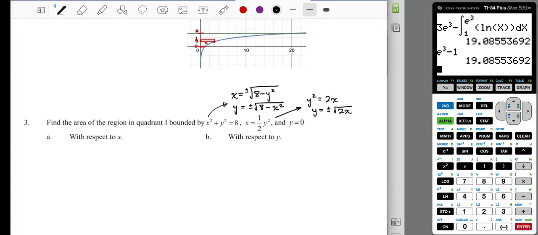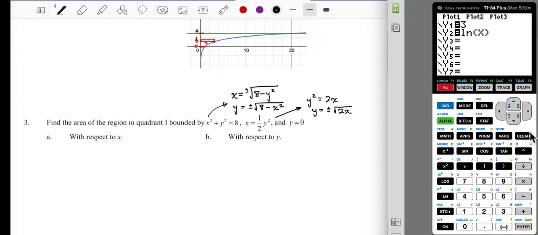Now in terms of the diagram, you go to the calculator, you go to Desmos, it's up to you. Let me do it like I've been doing it. Put it in the calculator first, then we'll go to Desmos. So the square root of 8 minus x squared, then negative that.